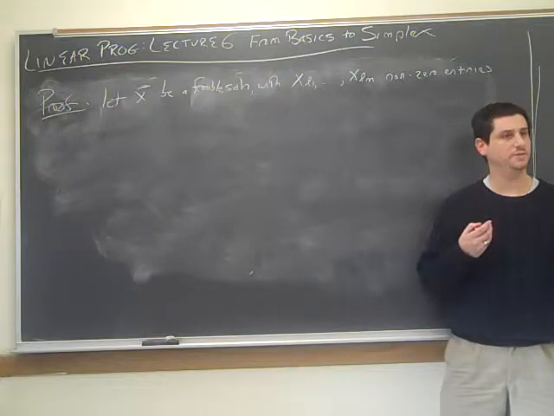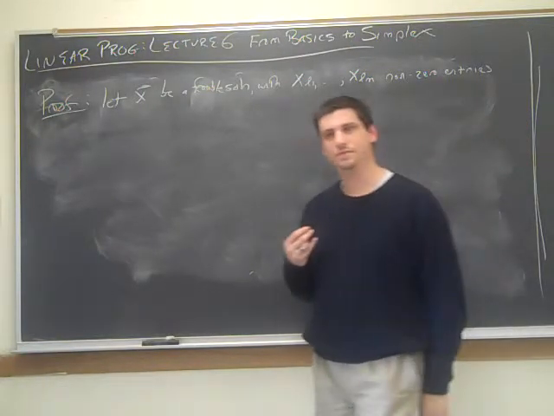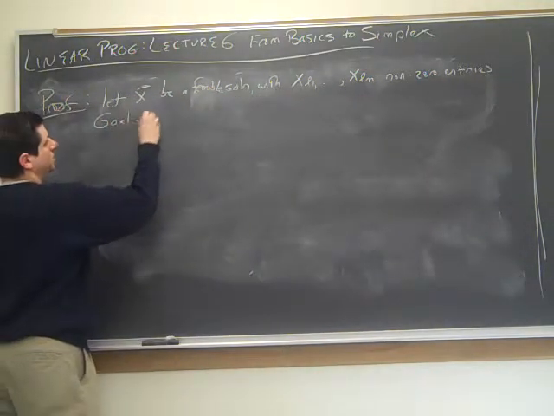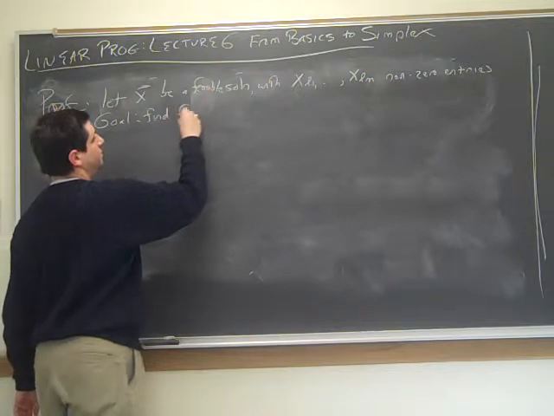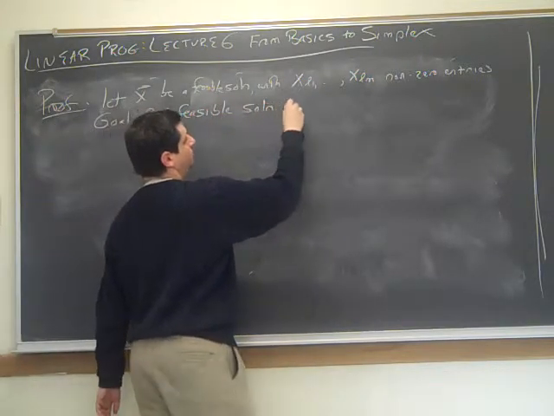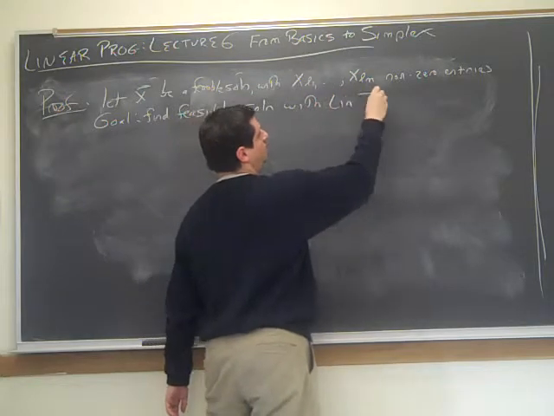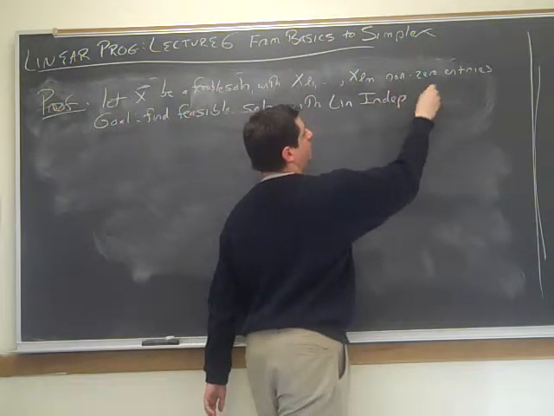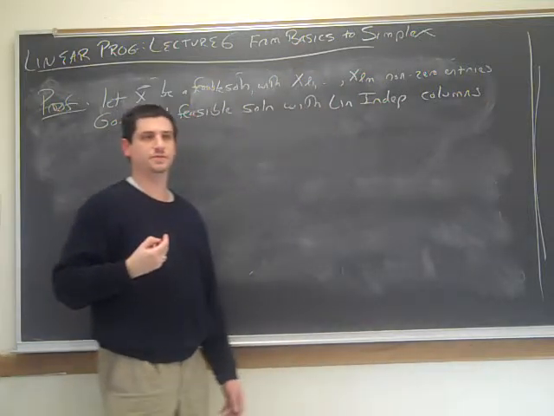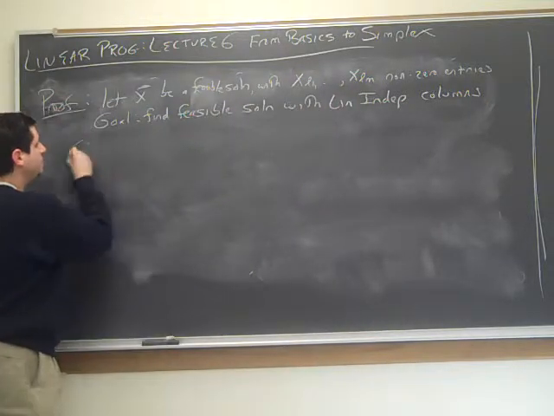What should case one be? So the goal is find a feasible solution with linearly independent columns. So let's break this into cases. So what should case one be?